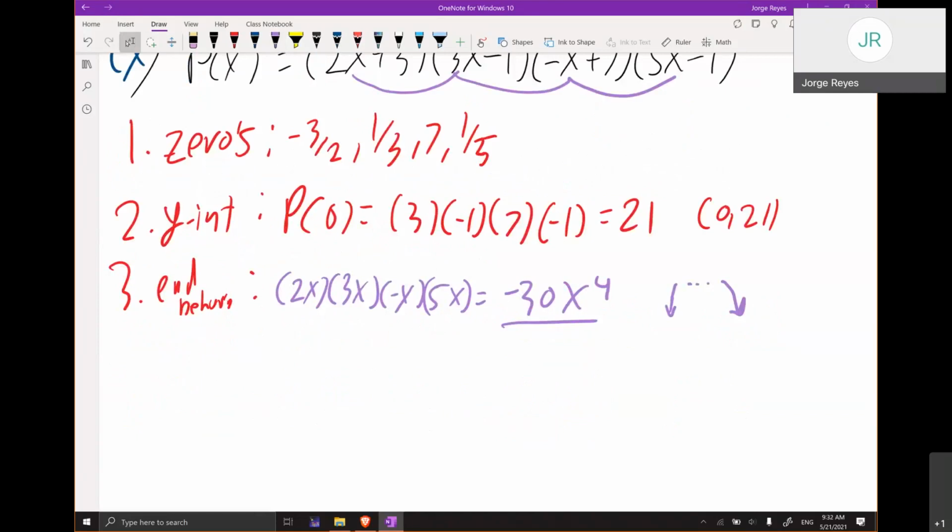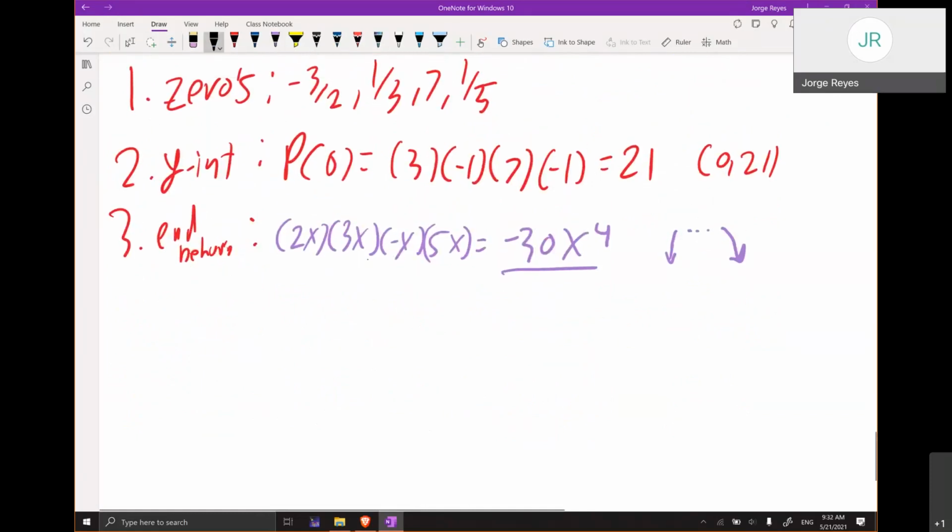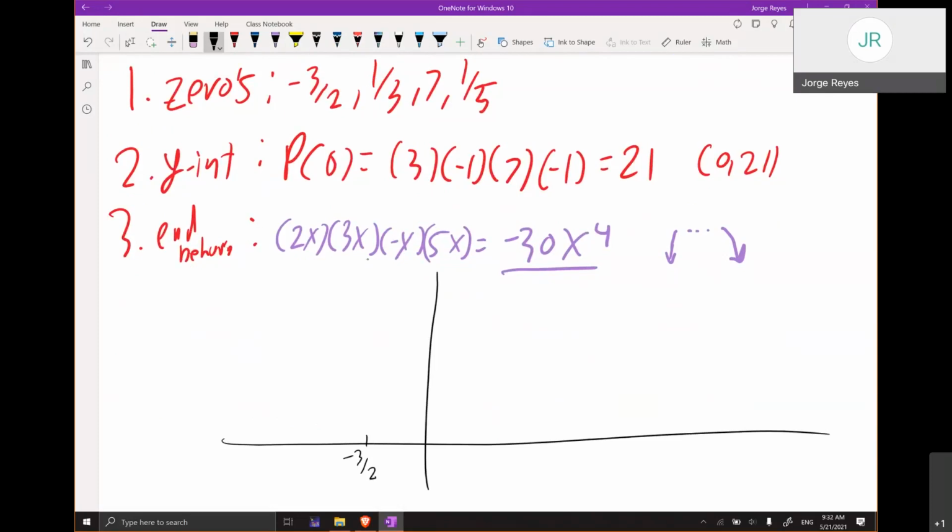I probably should plug in some points maybe, but if I were to make a graph, okay. So I'm gonna go -3/2 is here. 1/3 is, I'm gonna put it there.